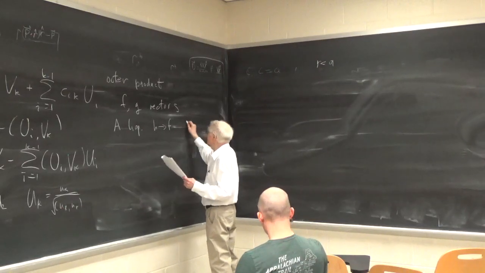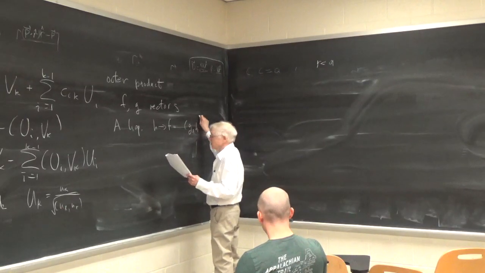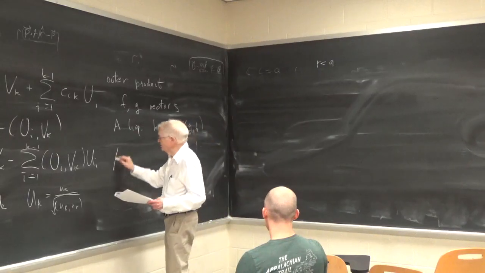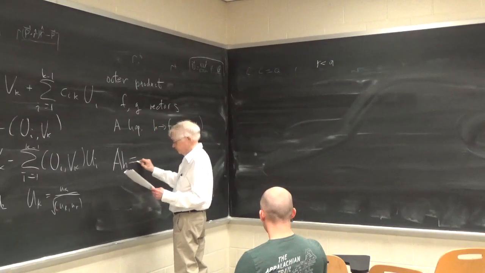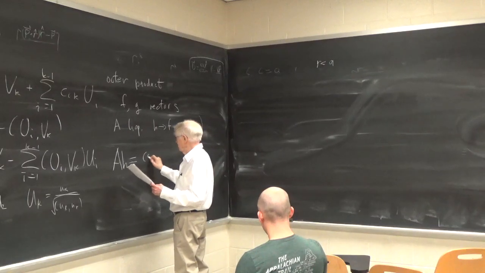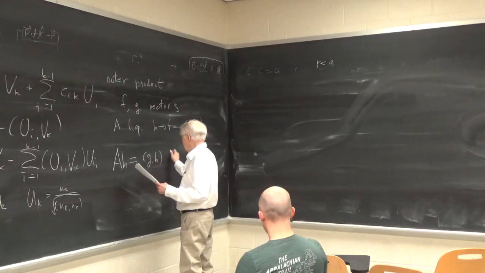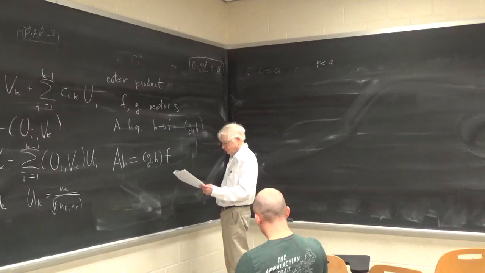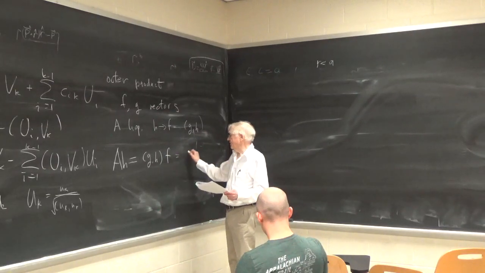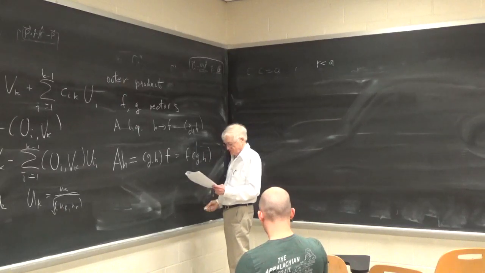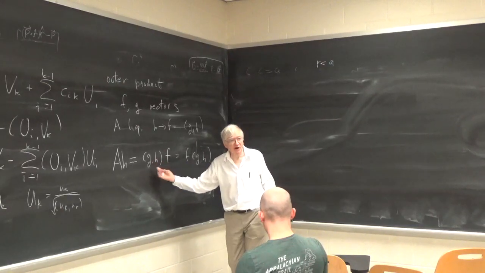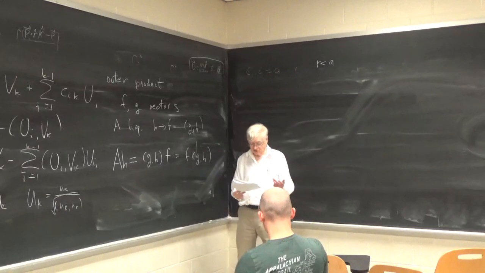And the coefficient is going to be the inner product of G with H. So in other words, AH is going to equal a number, (G,H), times the vector F. Since (G,H) is an inner product, it's just a number, in general complex.